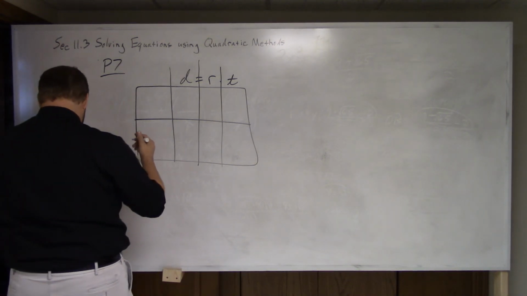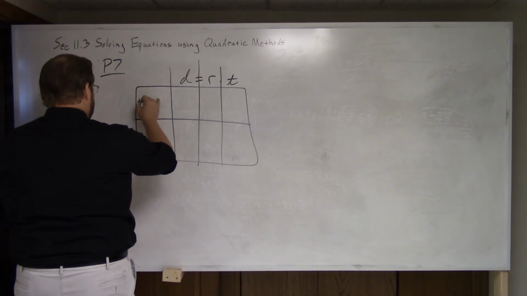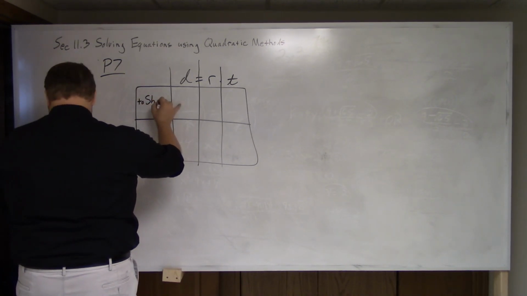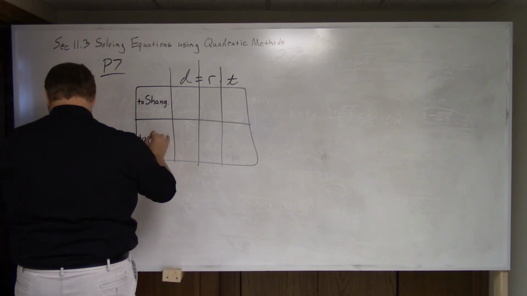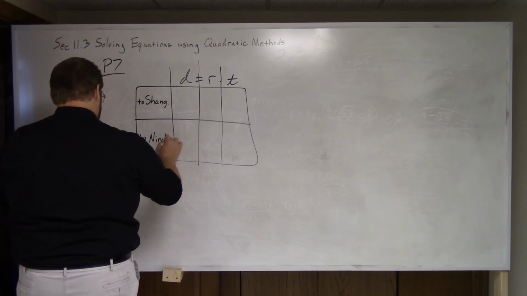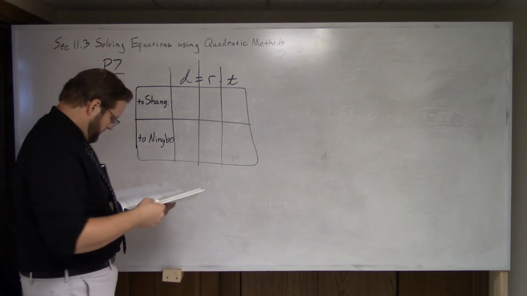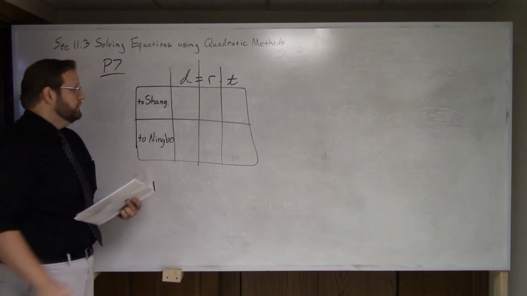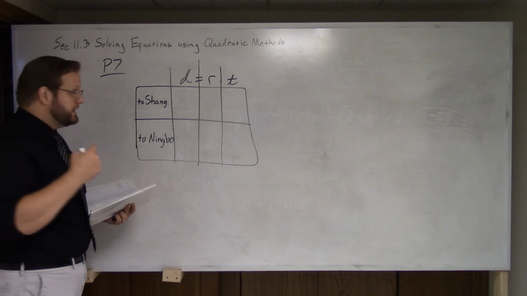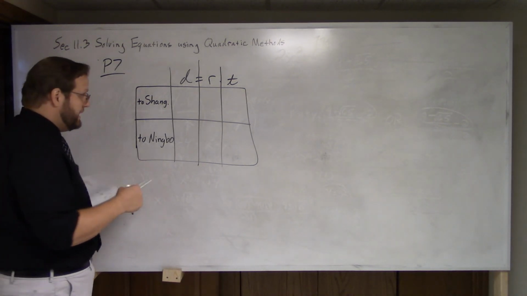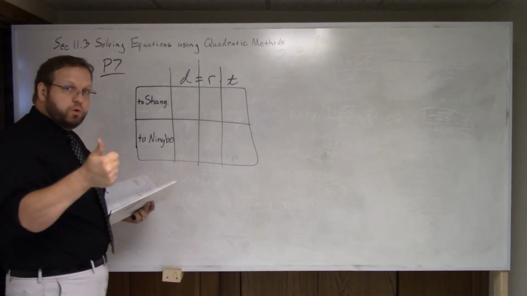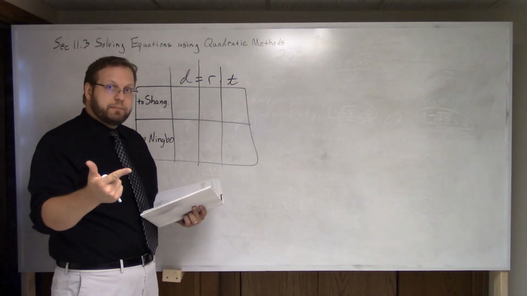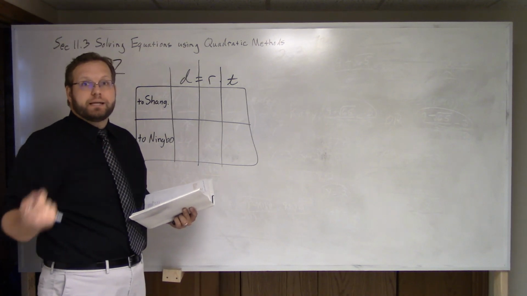So we were going to Shanghai, and then to Ningbo. Now in the past, what I said before is going to apply here as well. We have 3 categories of information. One will be given, one will be described, and then we're going to combine those 2 to get the third.